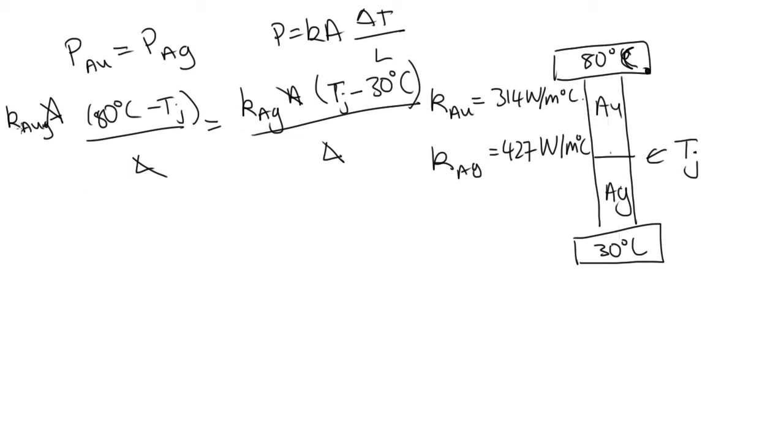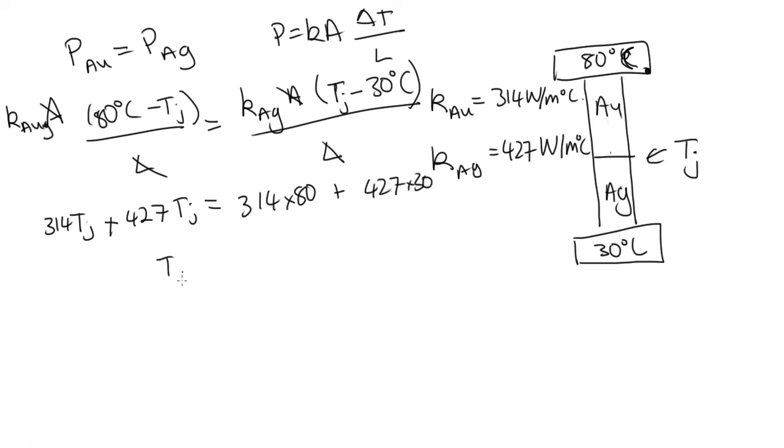Okay, so let's substitute in. We've got 314 Tj, and then over this side, let's move this over, so plus 427 Tj is equal to 314 times 80 plus 427 times 30.